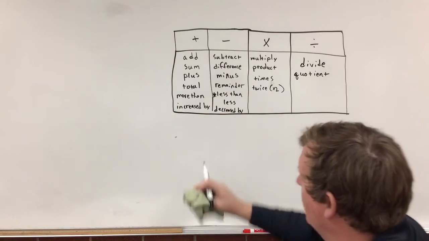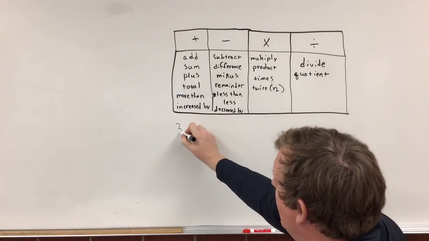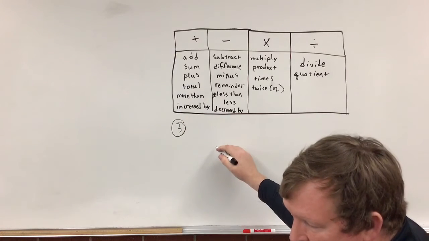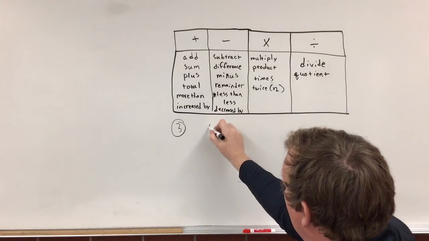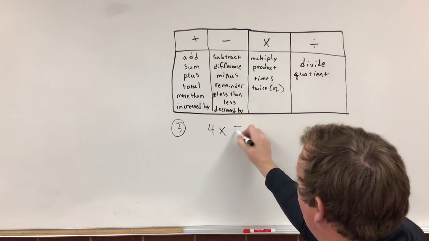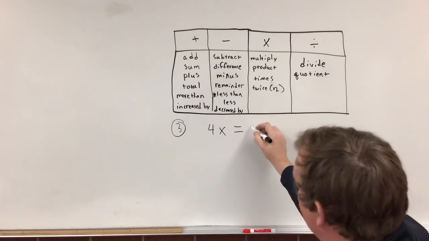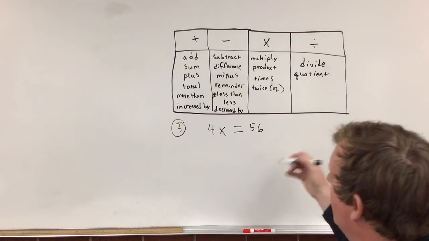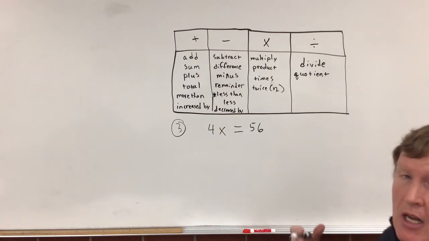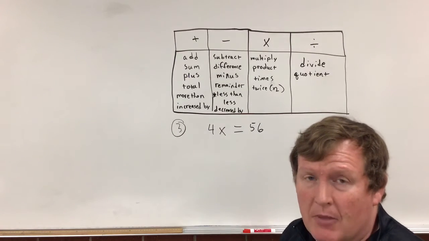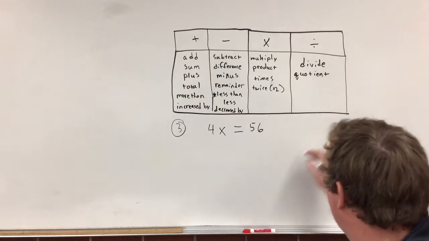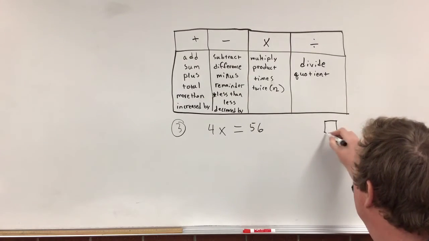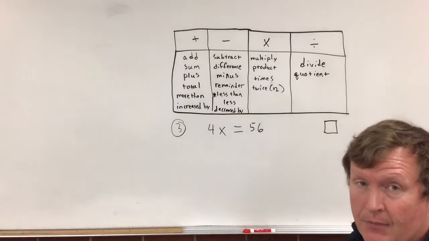So here's number 3. This time we're dealing with a square. So the statement is 4x equals 56. And so when we talk about a square, we're talking once again about the perimeter of a square. And we know that a square shape, all the sides are the same length. Okay?